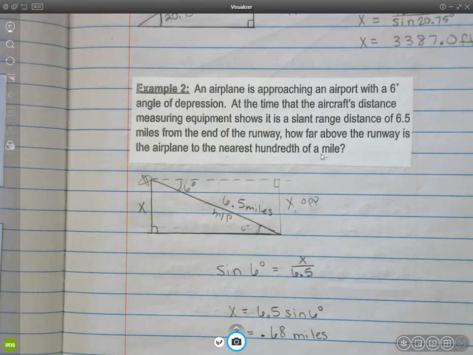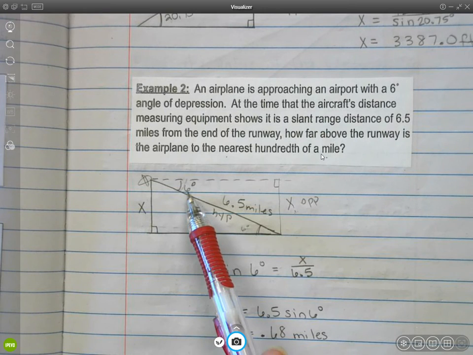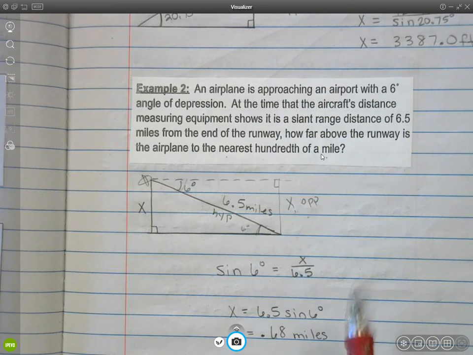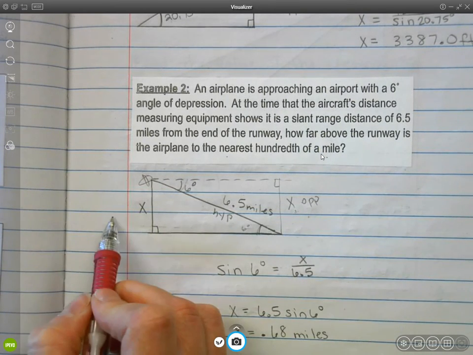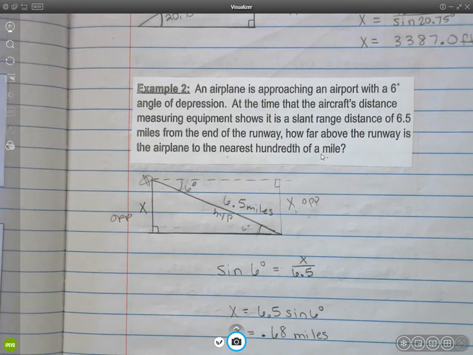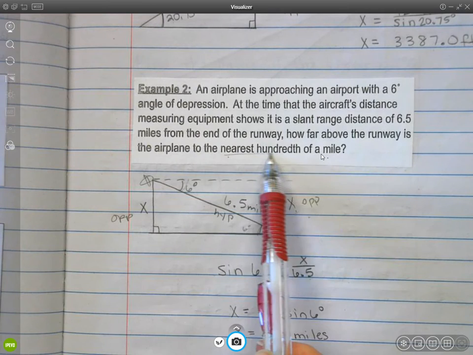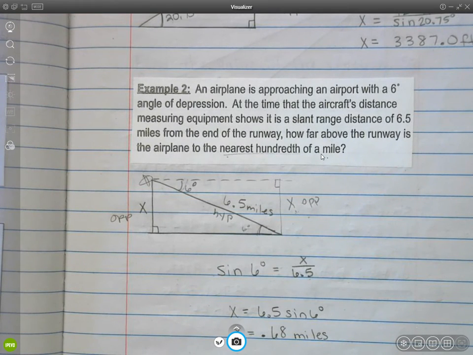Either way, from your angle, you know the hypotenuse and you're looking for the opposite. So you set up your equation, and then we can multiply by 6.5. Type this in our calculator. You get 0.68 miles. This one told you to round to the nearest hundredth, so make sure that you're paying attention to your directions.